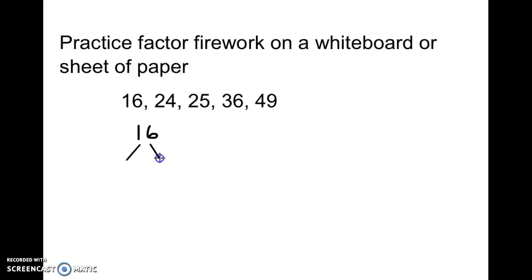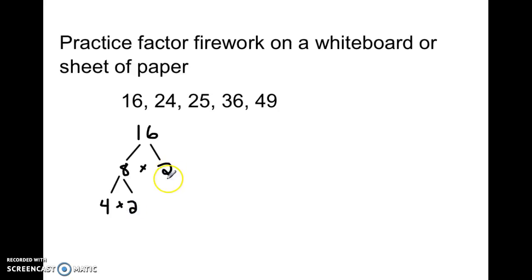And I think of, okay, what are 2 things I could multiply to get to 16? So I'm going to multiply 8 times 2. You don't have to write the times thing there, and sometimes I will and sometimes I won't. And then I think, okay, what goes into 8? Can I divide anything into 8? And I can. I can divide both the numbers 4 times 2 into 8.